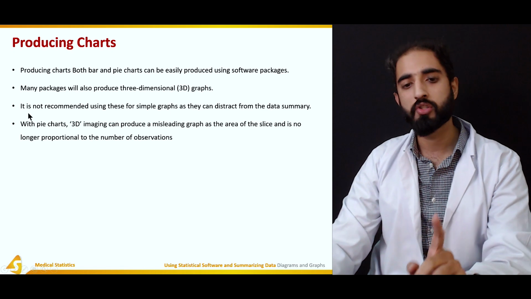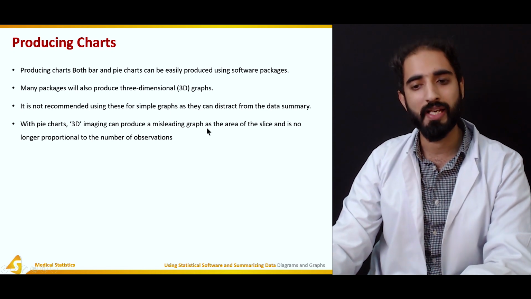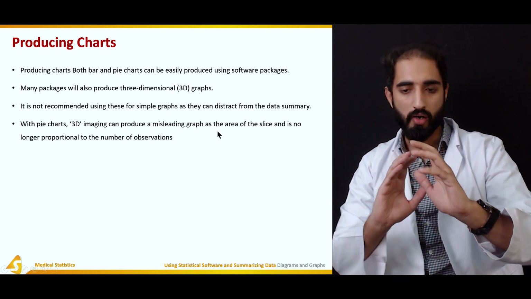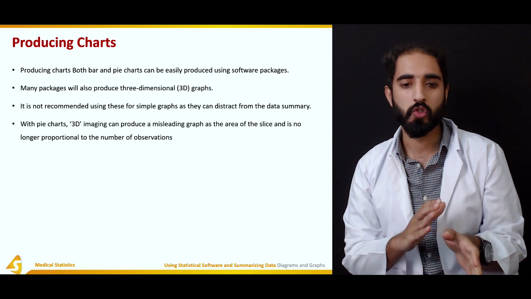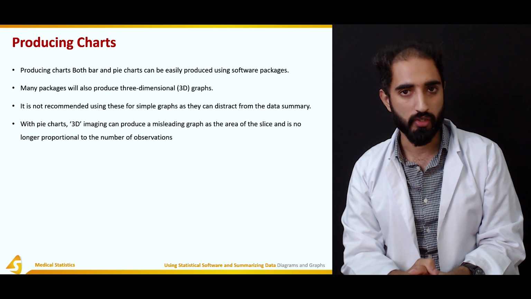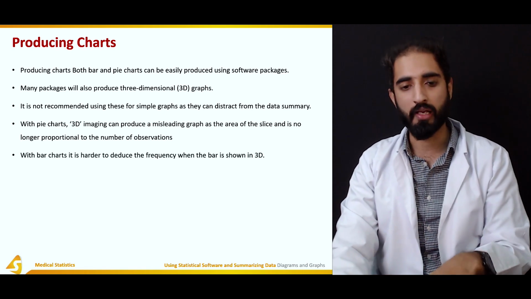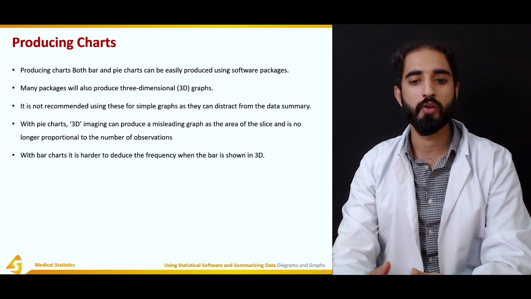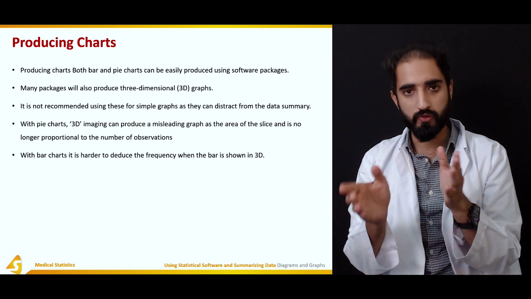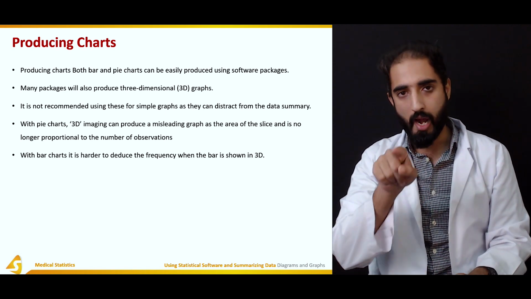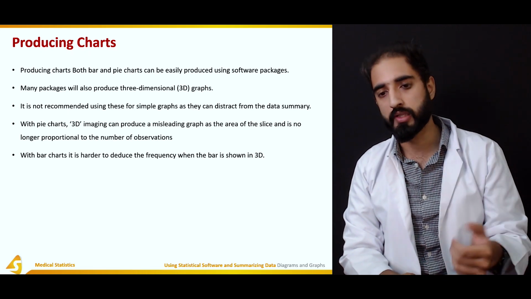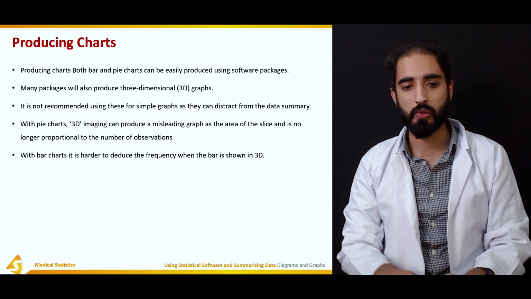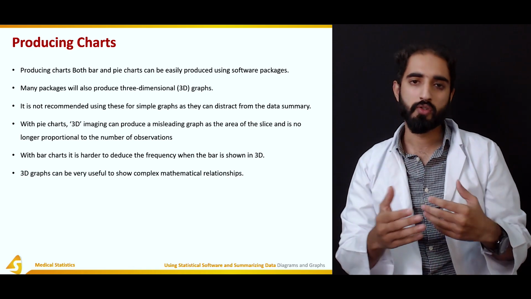Secondly, with pie charts, 3D imaging can produce a misleading graph, as they are in a 3-dimensional shape and the area of the slice is no longer proportional to the number of observations, because it is presented at an angle. With bar charts, it is harder to deduce the frequency because of its 3-dimensional shape. You cannot appreciate which line is actually the line showing the frequency of that category. So that is not advisable.